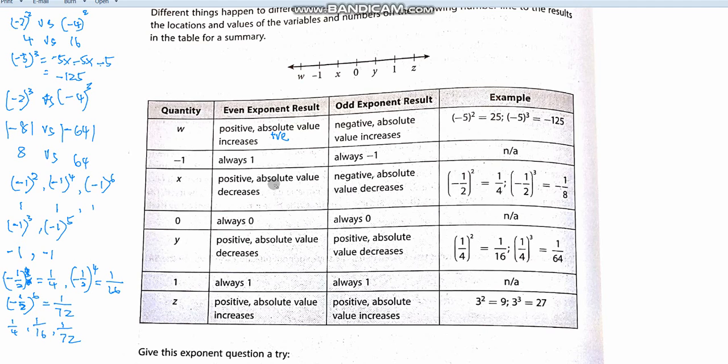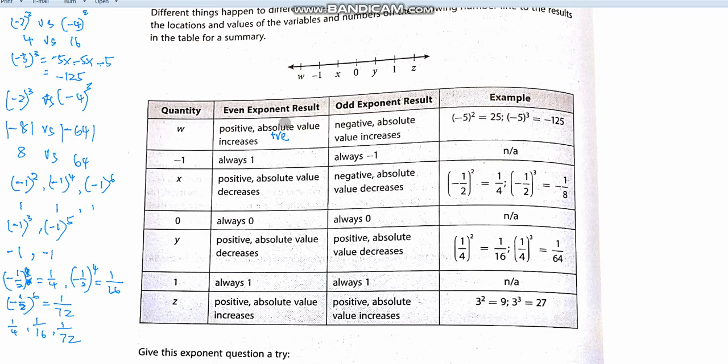So what it means is the absolute value decreases. Since the value is already positive, you don't need to change. By the time you reach the power of 6, it is smaller than this. So the value decreases.